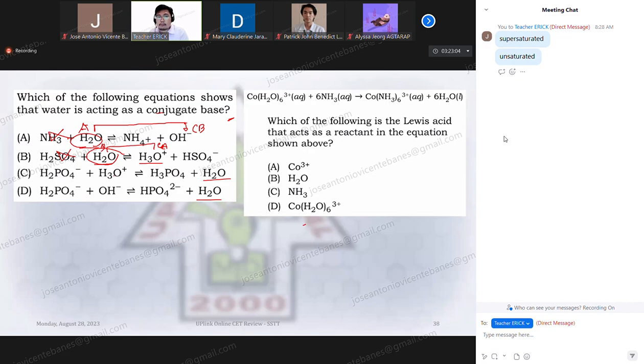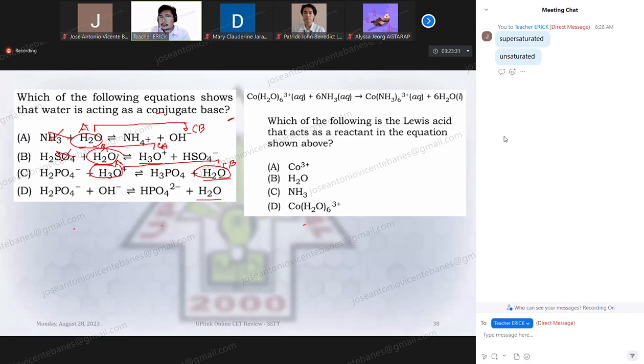Is water a base or an acid? Your hydronium ion here is now an acid. Why? The acid donated the proton, and after donating the proton, it became water, and therefore this is a conjugate base. So this is now water.